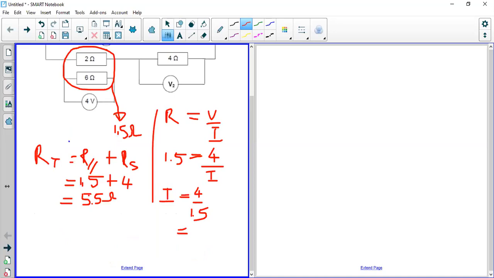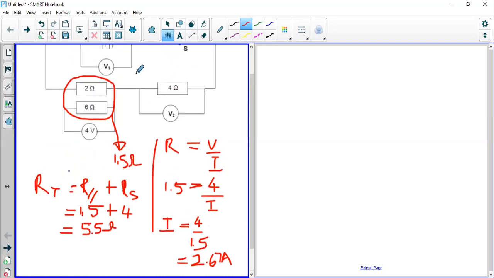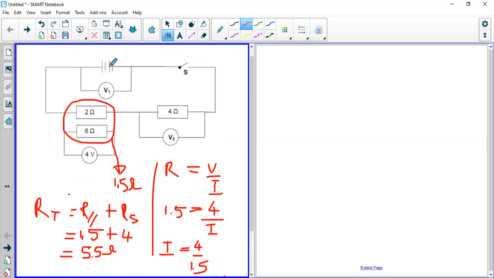I'm going to get 2,67. So the current that I'm going to get is 2,67. I hope I'm right. 2,67 amperes. That's the current that I have. The current that is flowing for the total parallel is the same current that is going to flow in the 4 ohm. It is the same one that is going to flow through the battery.